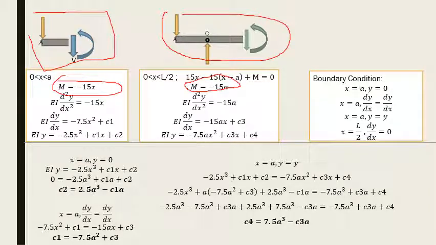Then to find the slope and deflection, we just integrate the equation of moment. To find the slope, we integrate it once. Then to find the deflection, we integrate the slope equation once more. Then we got this value.